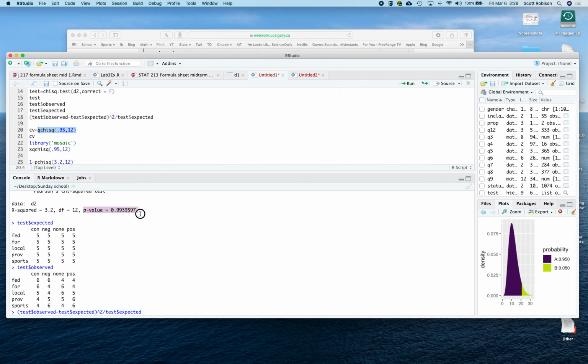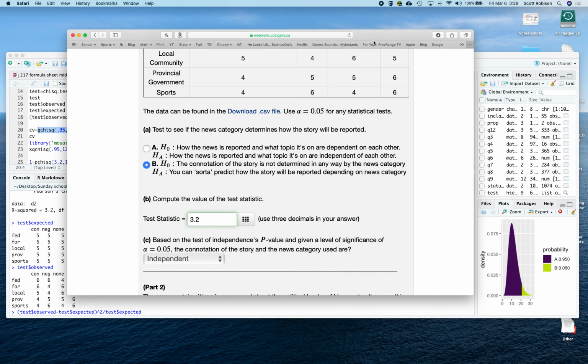Alternatively, it might be just as easy or maybe even easier to have a look at what the p-value is. Here I've got an extremely high p-value, which of course also indicates that I need to fail to reject the null hypothesis. So, quickly going back to what my hypotheses were, the null was that there is no relationship, and the alternative is that there is a relationship.